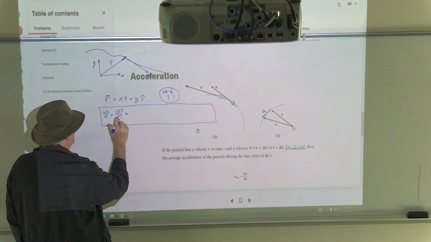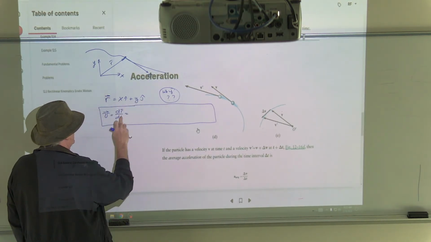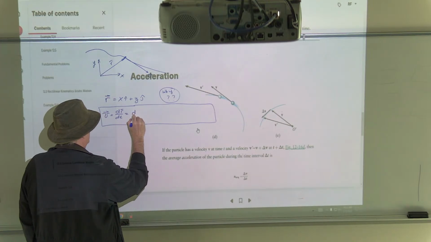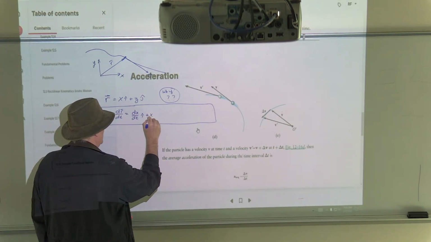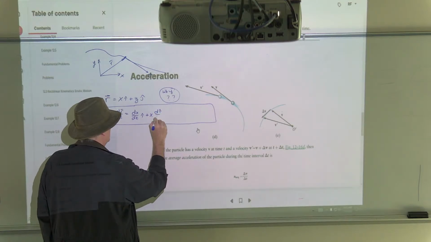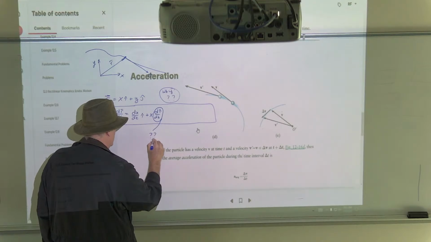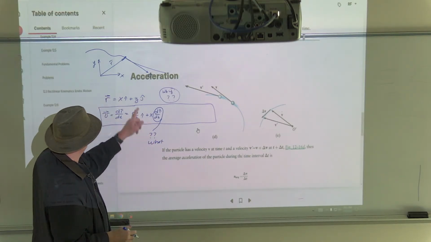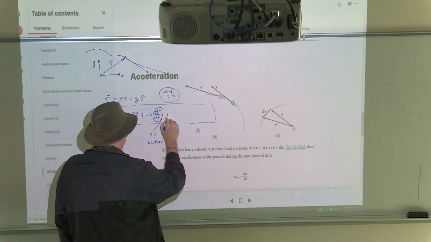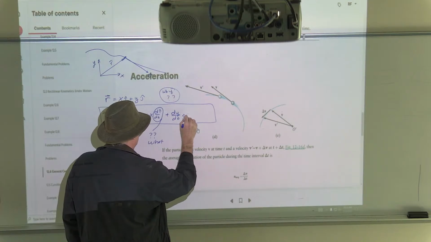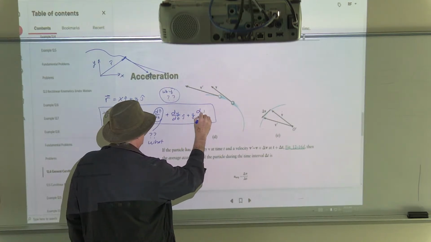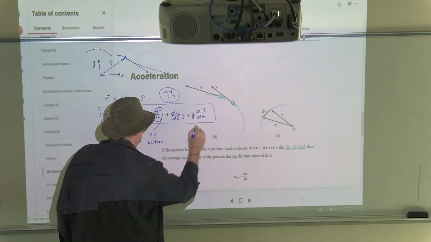So if you're taking the derivative of these terms with respect to time, you're going to have dx/dt i plus x times di/dt. Now, you may be saying, what? But I'll explain that after I write the other two. dy/dt j plus y times dj/dt.